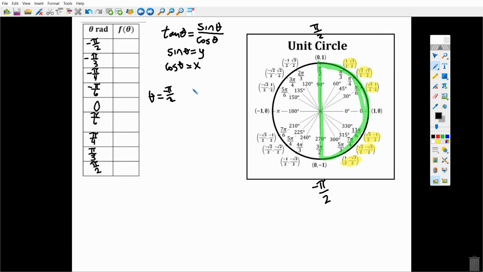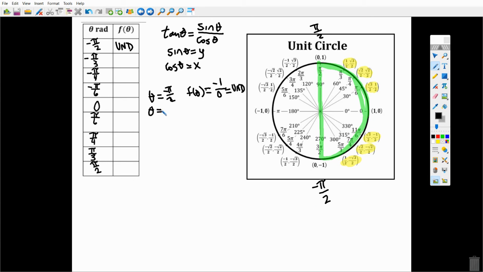We want to know what f of theta equals, and that's equivalent to sine over cosine. Sine is y, and the y value here is negative 1. The x value is 0. Negative 1 divided by 0 is undefined. So this is undefined. There is our first value.